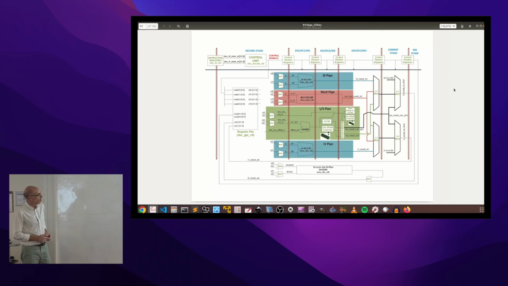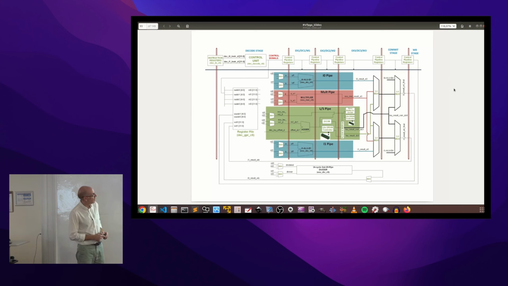The decode stage also assigns the 2 instructions to the proper pipe. So we have 2 integer pipes, I0 and I1, which include an arithmetic logic unit, 1 each. We have a multiply pipe, which includes a 3-cycle multiplier. This is pipelined in 3 cycles, in 3 stages. And it has the LS pipe, which allows us to execute load and store instructions.